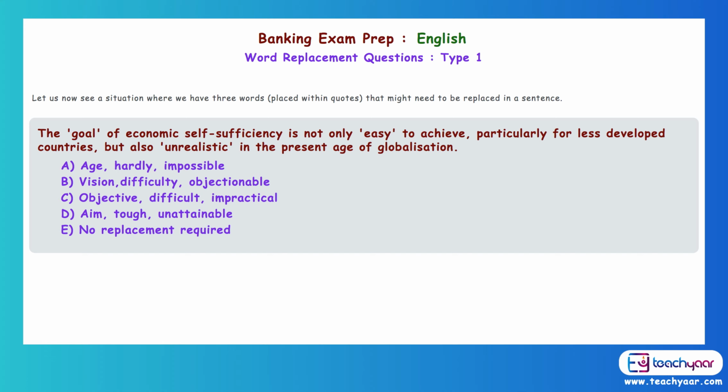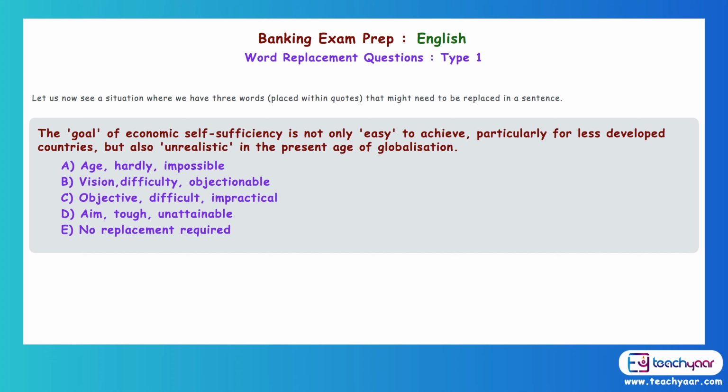Now there are 3 words which have been highlighted or underlined or put within quotes, and you need to look for suitable words which can be used in that place. Let's read the sentence. The goal of economic self-sufficiency is not only easy to achieve, particularly for less developed countries, but also unrealistic in the present age of globalization.